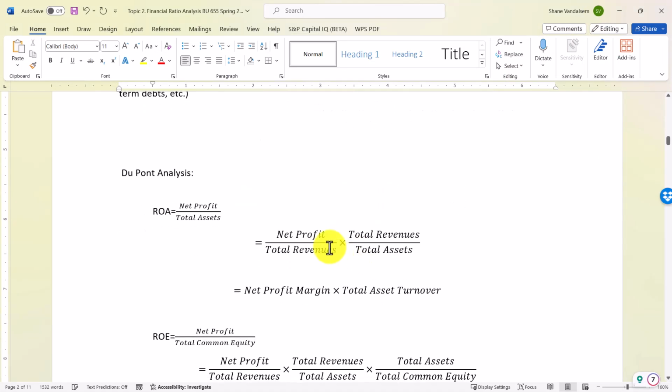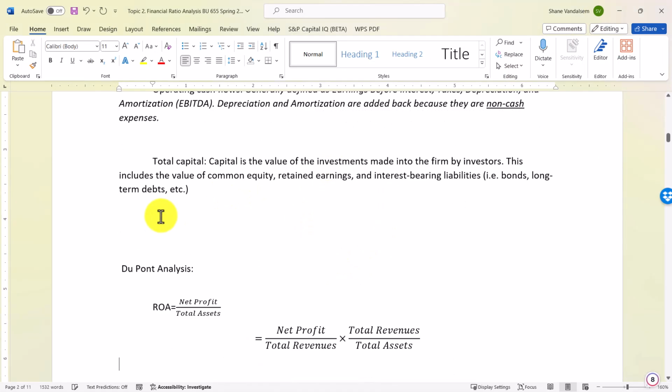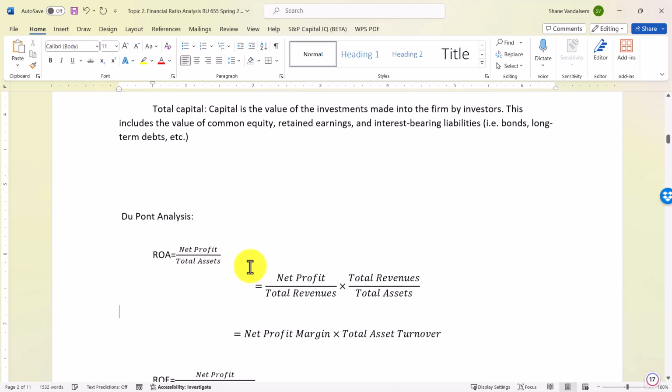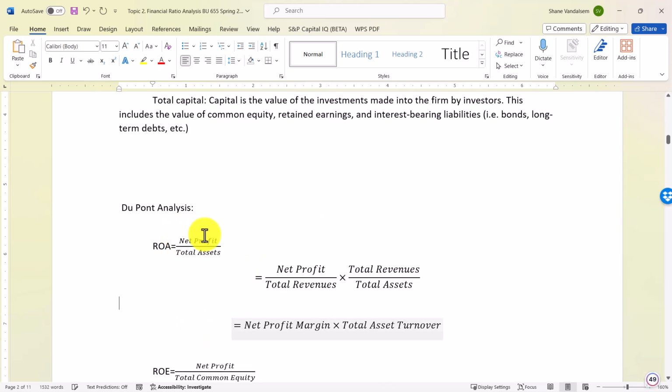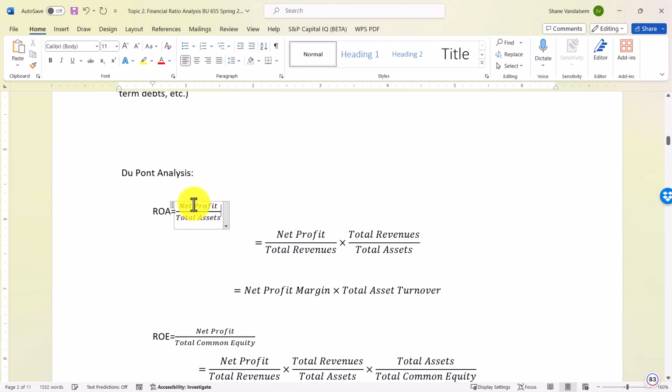If we continue on then, we're going to look at ROA, return on assets, and ROE, return on equity. So let me just put that in here. ROA is the return on assets, ROE is the return on equity, and we're going to look at what's called the DuPont analysis.